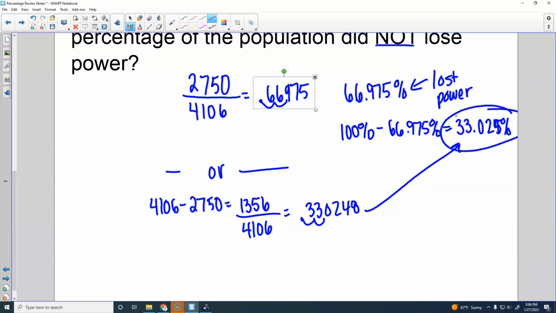So, two ways to do the same problem. There's not really one that's necessarily easier than the other. Either one is fine on that one. Okay?